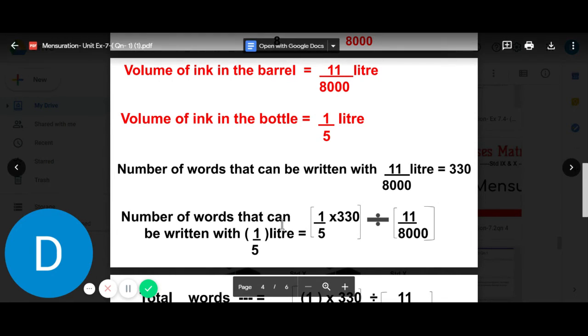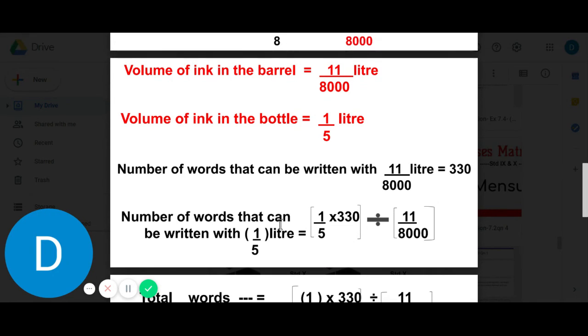So number of words that can be written with 1/5 of liter of ink is equal to 1 by 5 into 330 divided by 11 by 8000. Here it is direct variation. If you have more volume of ink, more number of words can be written. So this is like direct variation.